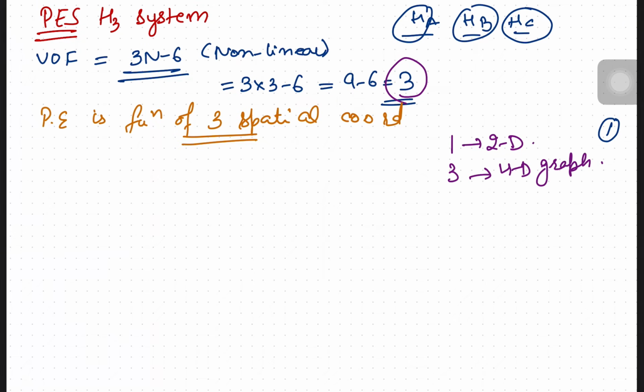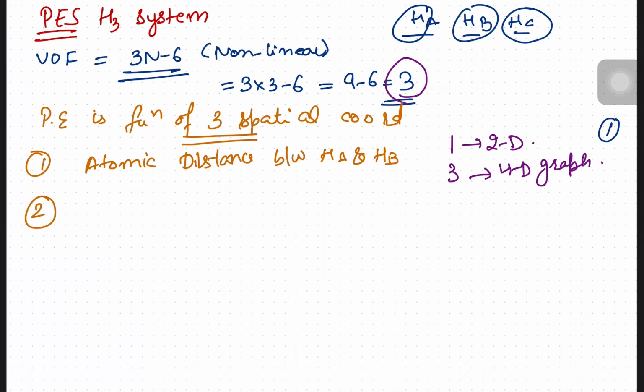What are these 3 spatial coordinates? First is the atomic distance between HA and HB. Second is the distance of HC from the midpoint of HA and HB.